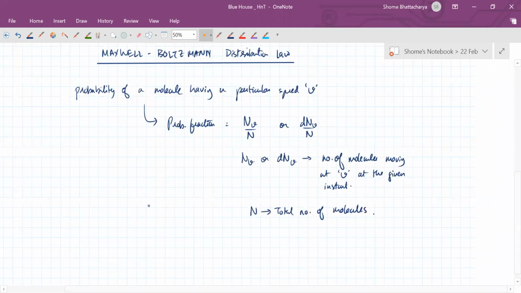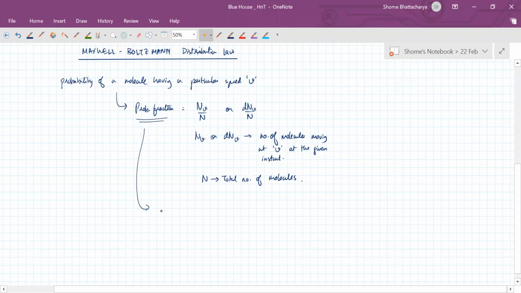Now, as it turns out, this probability function or this probability fraction is given by a formula which comes from statistical analysis, and that formula is this kind of formula.